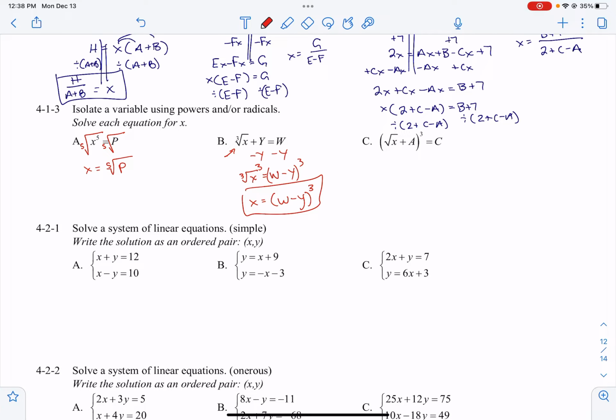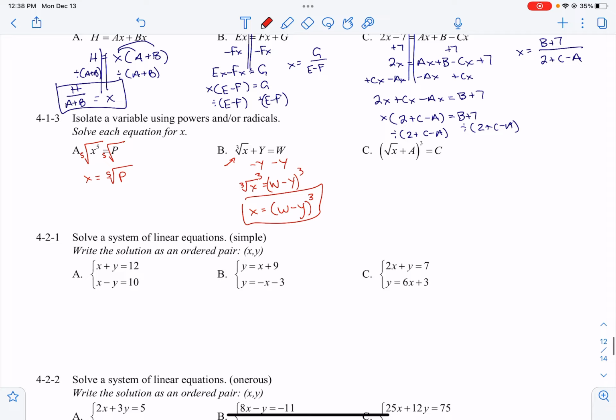Okay? Part C, I've got the square root of x plus a, stuck in parentheses with a cube on it, equals c. So the first thing I need to do is get rid of the parentheses. So I'm going to take the cube root of both sides. So I end up with the square root of x plus a equals the cube root of c. Now I'm going to minus a from both sides.